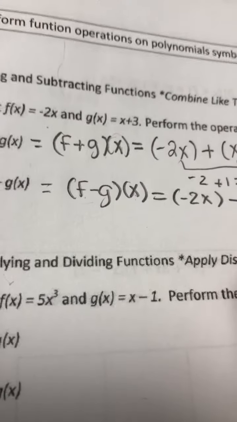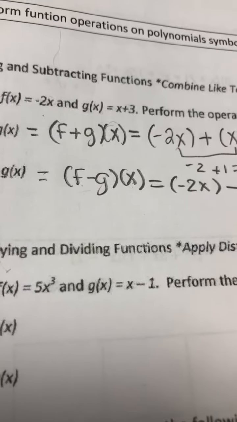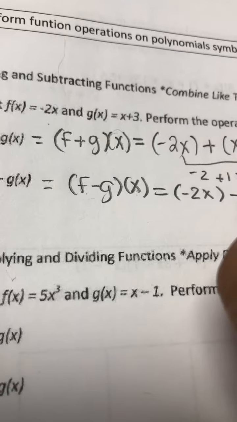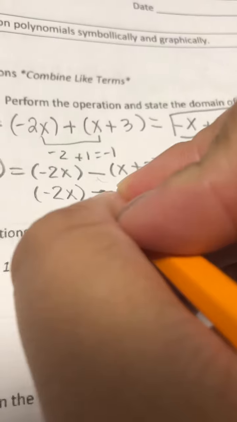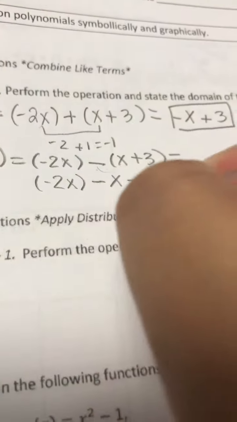So that means we would have negative 2x minus x plus 3. So don't forget that this minus has to go to both the x and the 3. So this minus has to go to both. So you could rewrite it as negative 2x minus x, and also you have to remember it's minus 3.